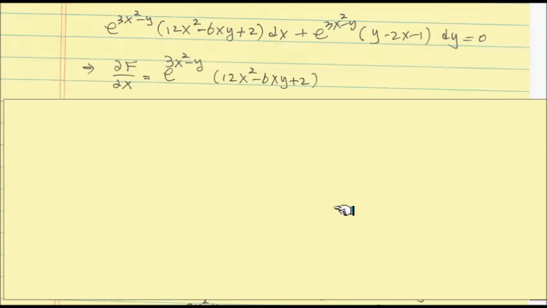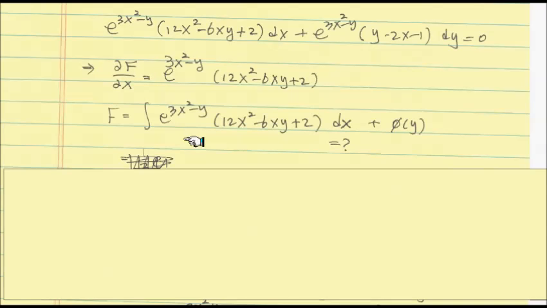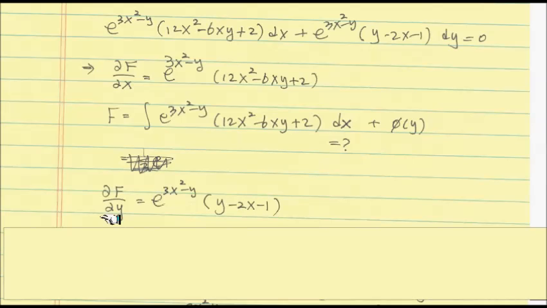This is the setting where I first attempted to integrate this one with respect to x, keeping y as a constant, and you have to throw in this part. But first of all, if you think about this one, it's a complicated partial integration by parts. So I gave up on that and looked at this partial, e to the 3x squared minus y, and y minus x.